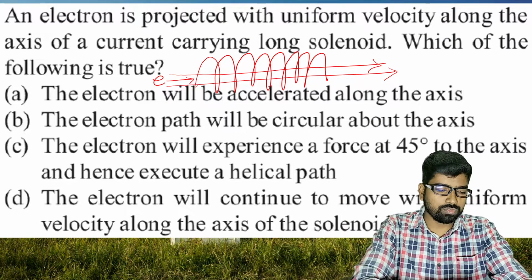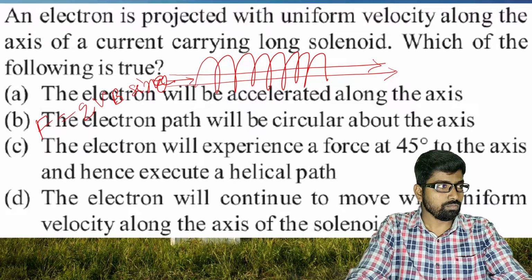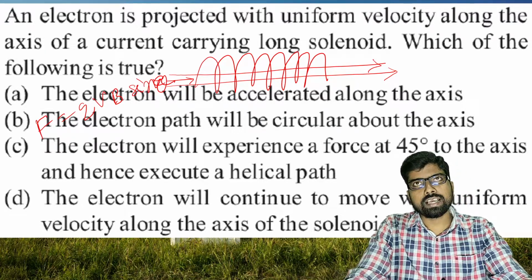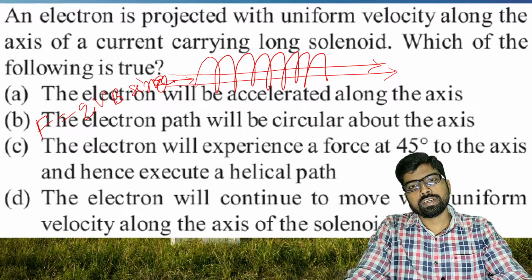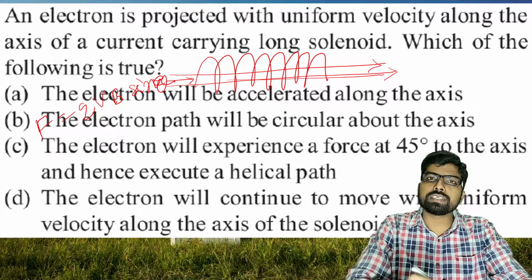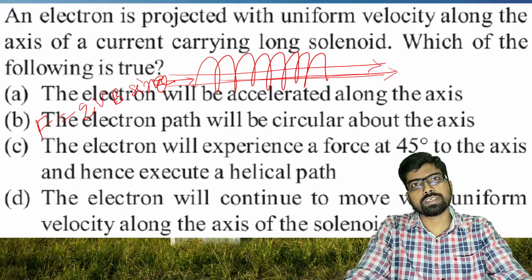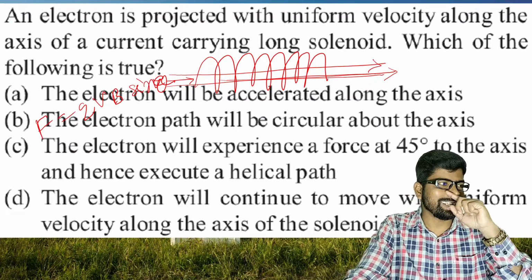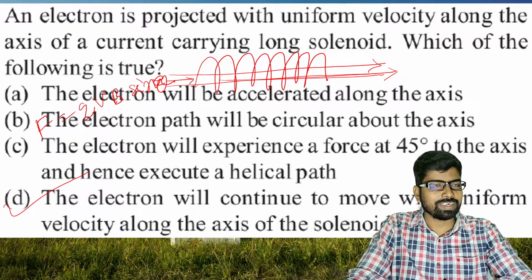Force F is equal to QVB sine theta, where theta is the angle between the velocity of the charged particle and the magnetic field. Here the velocity and the magnetic field are in the same direction, so what is the angle between them? Then you can understand, so option D is the right answer.